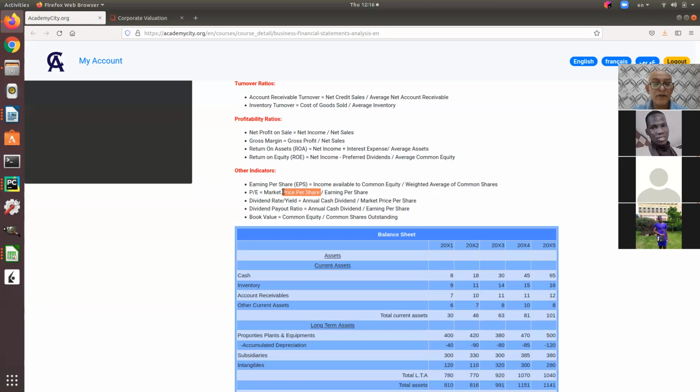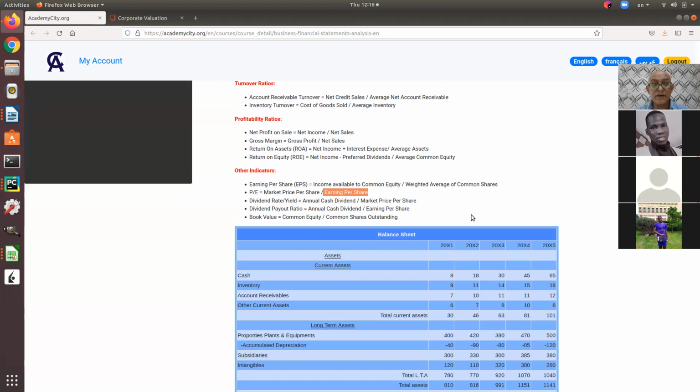market value. Let's say I talk about Apple, this is what people paid for Apple. Dividing it by the earning per share, this is also a dollar amount. So dollar divided by dollar is a pure number. Can I compare this number of one company to another company?